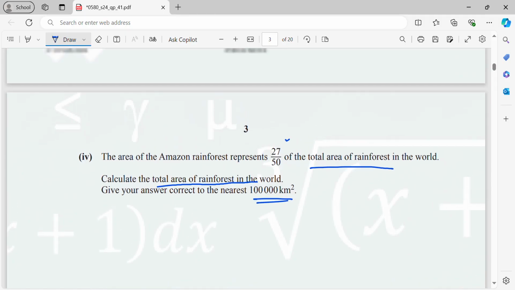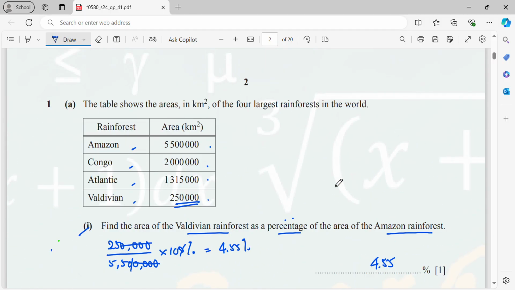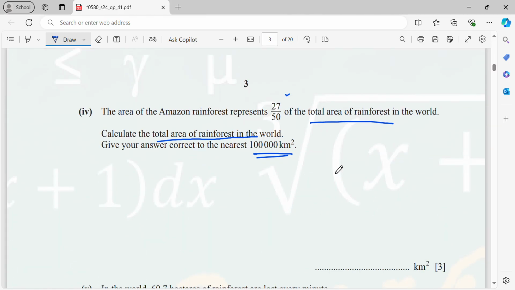The Amazon is 5,500,000, which equals 27/50 of the total area. We know that of means times. So this is actually 27/50 times total area.